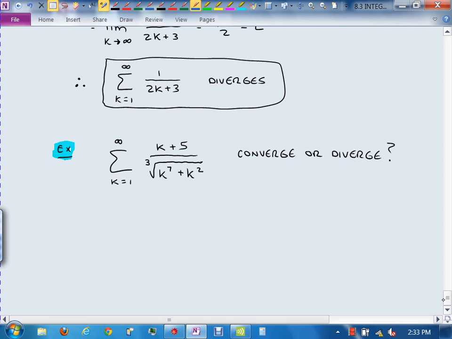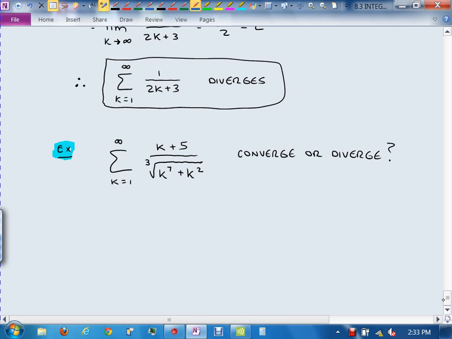We could check for ourselves that if you did do the limit, I'm not going to do it here, but that would go to 0, so we don't know anything from that. It's not geometric. It's not harmonic. I don't even want to touch the integral test on this because I can't even imagine integrating this, right? Because I'd have to integrate it at some point. I don't even want to touch that.